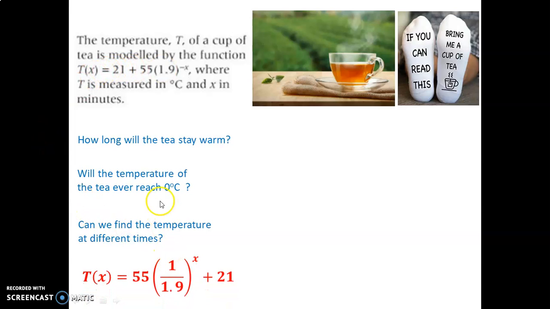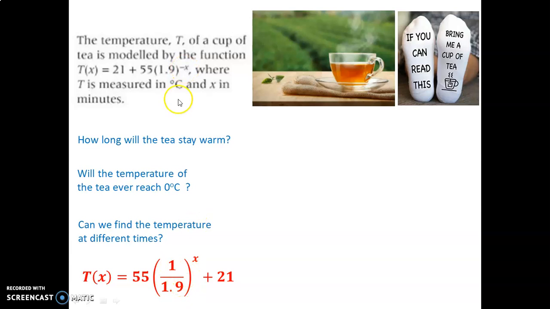It's important to look at the graph, but before we look at the graph, let's look at the equation some more. Here's the equation we were given. I rearranged some things here because there are some things we're going to look at in this lesson, and rearranging it this way is going to make them a little more clear later. So notice first I took the 21 that this started with and I wrote it at the end here. And then I took this 1.9, which has an exponent of negative x, and I rewrote it like this.